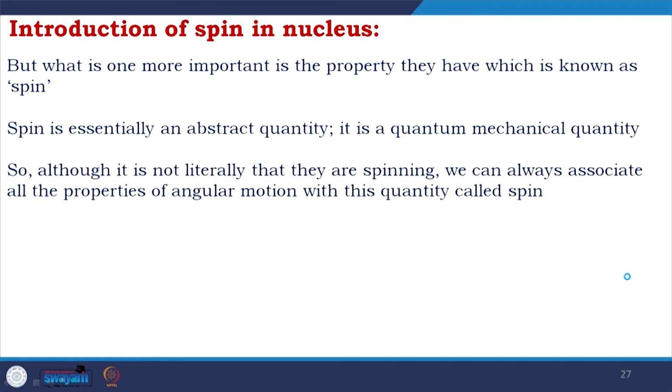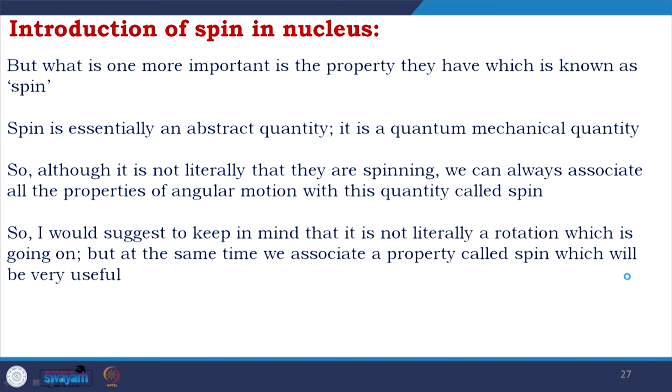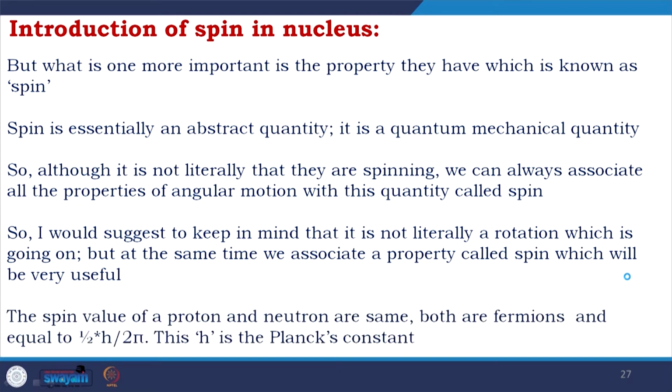Although it is not literally that they are spinning, we can associate all the properties of angular motion with this quantity called spin. So, it is like the angular motion which is its property. I would suggest keeping in mind that it is not literally a rotation which is going on, but at the same time we associate a property called spin which will be very useful here.